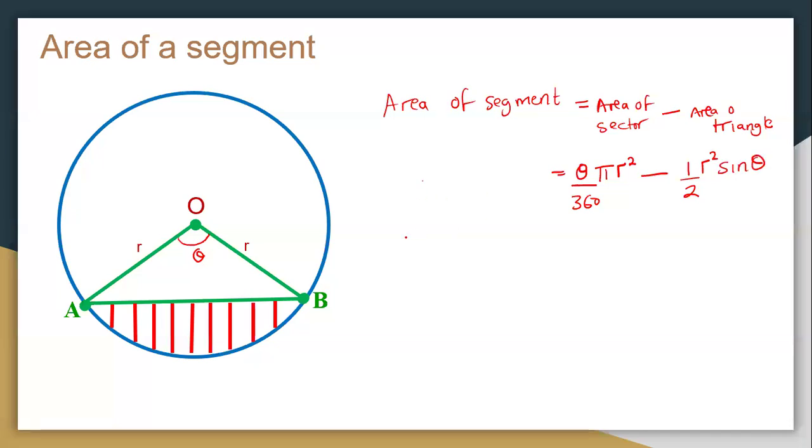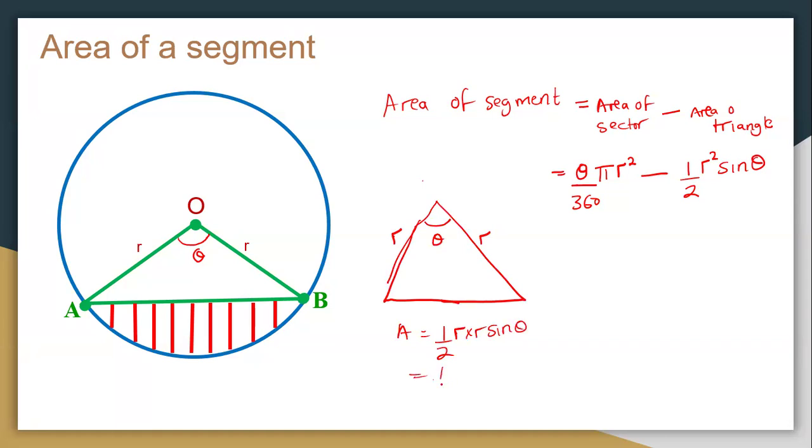But please don't cram the formula, for you need to know how it comes about. This is our triangle, this is theta, this is r, this is r, and to get this area, you say a half r times r sine theta, which will give us a half r squared sine of theta.